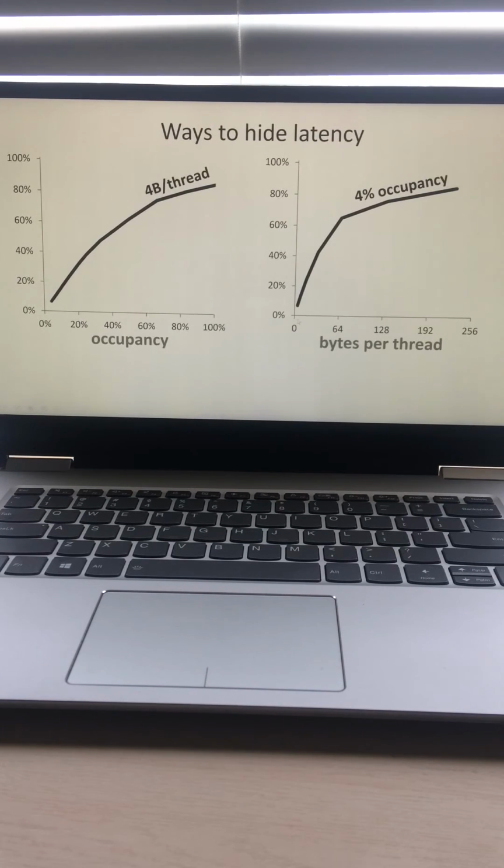So there are 2 ways to hide the latency. If we are fetching 4 bytes per thread, then we can achieve around 84% of the peak at around 100% occupancy. Or if we increase the number of instructions per thread and fix the occupancy to 4%, then we can achieve the same result by fetching around 250 bytes per thread.